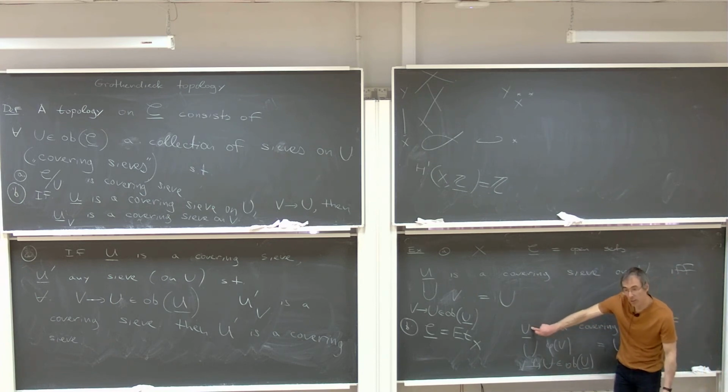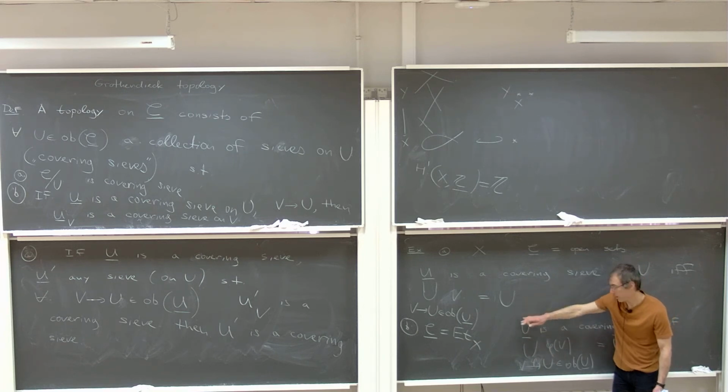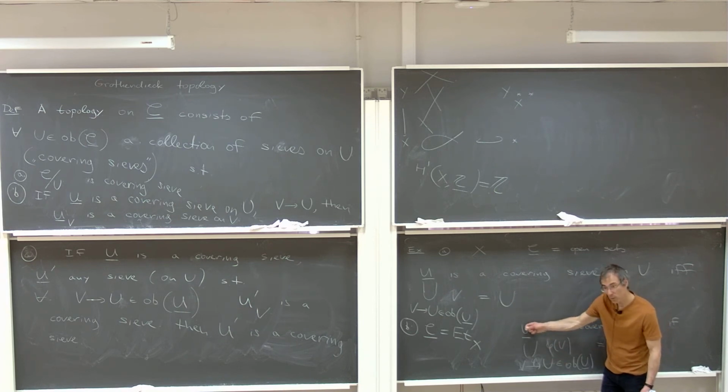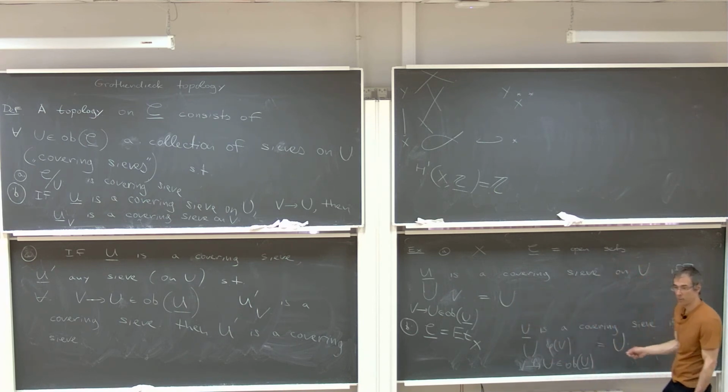It's a collection of étale schemes over U. And I declare this to be a covering sieve if these étale images, these images are open subsets of U, if they cover U. Okay?